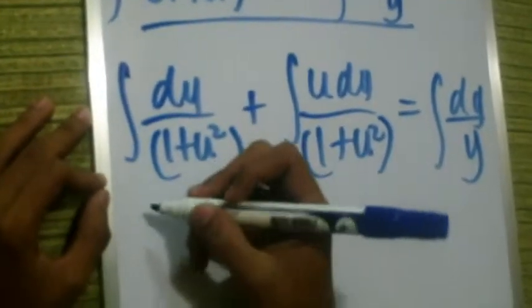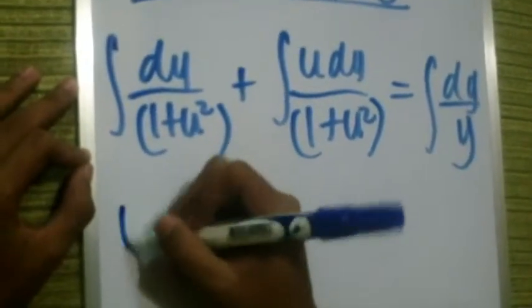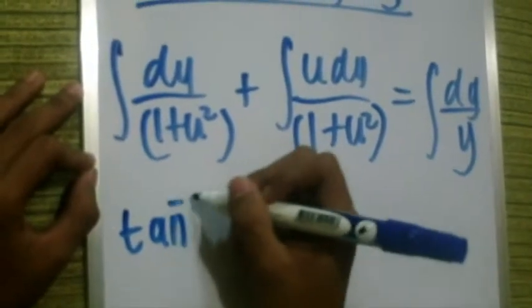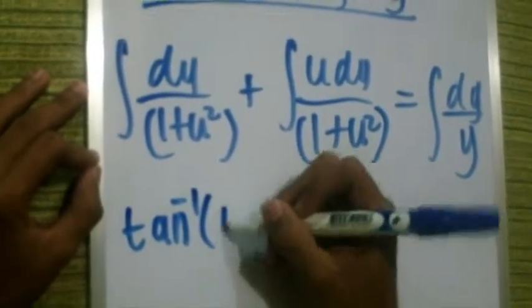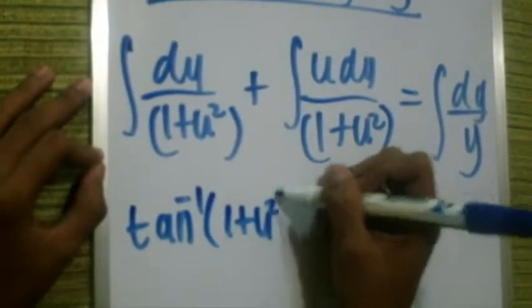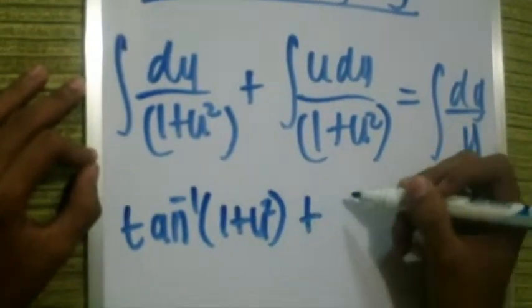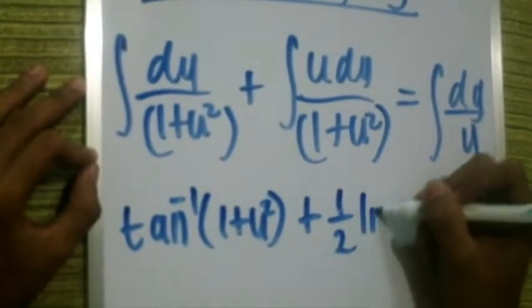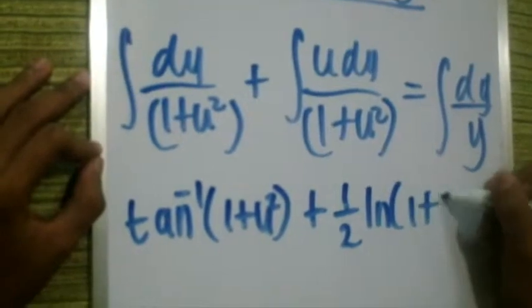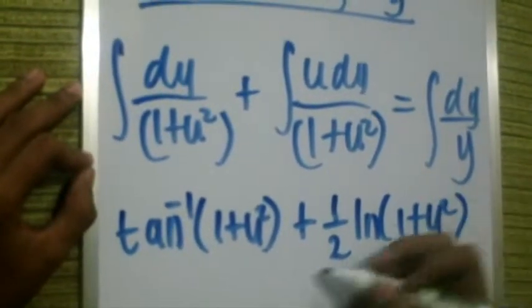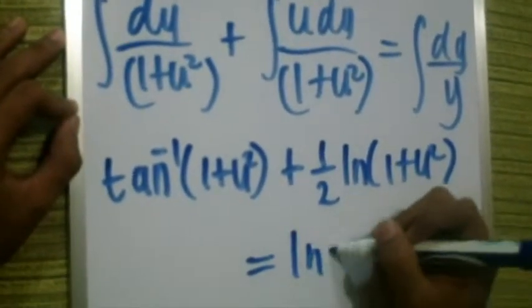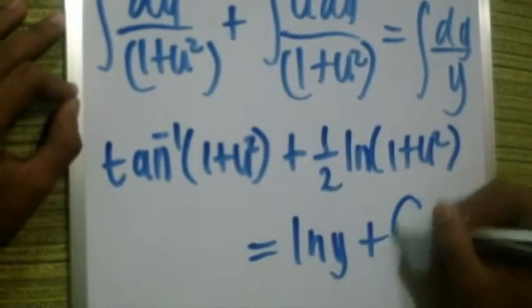So this would then be inverse tangent of u plus 1 half ln of 1 plus u squared is equal to ln of y plus c.